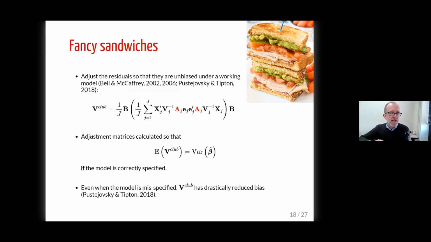So even if the model is not properly specified, or it still has some missing random effects or some heteroscedasticity, some other form of misspecification, these adjusted sandwich estimators have drastically reduced bias. So they help a lot, and they give you close to unbiased estimates, even with quite small samples. So that's one of the adjustments implemented in clubSandwich.